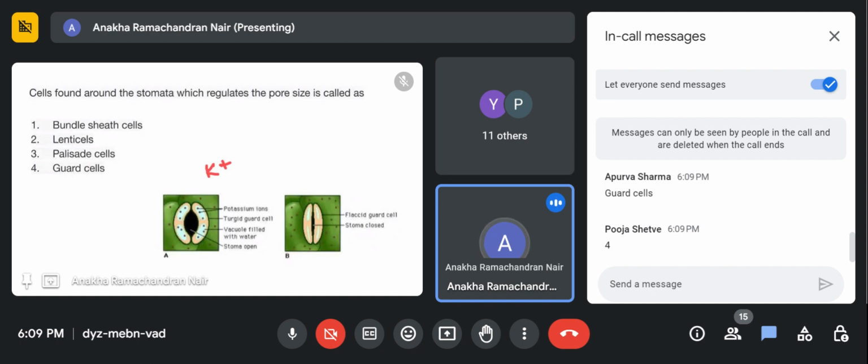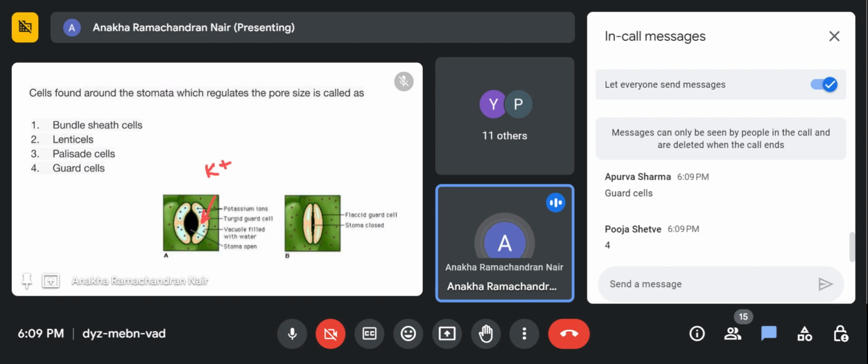So as the ion concentration inside the guard cell increases, the water potential inside the guard cells decreases. Water moves from a higher potential to a lower potential. So water from the surrounding cells moves into the guard cells, and because they swell up, the stomata opens.